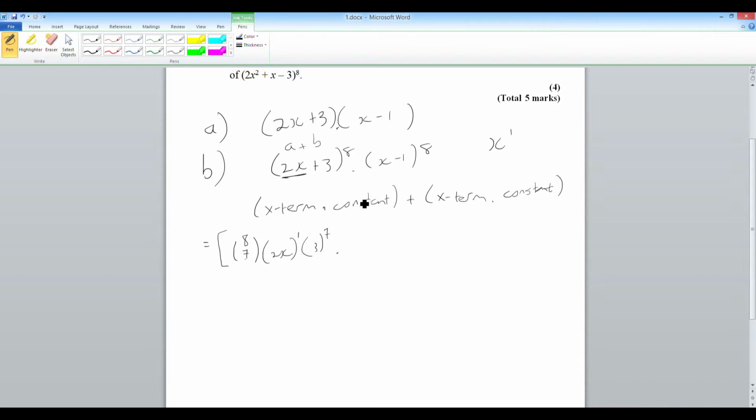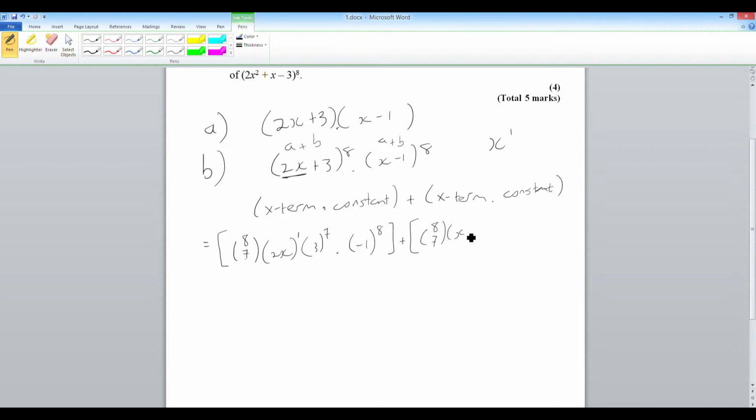This is multiplied with a constant term from my second expansion, and the only constant from my second expansion is negative 1 to the power of 8. Then I'm going to add the x term from my second bracket, and again this is in terms of a plus b. So if I want x to the power of 1, n is 8 and r is going to be 7 again.